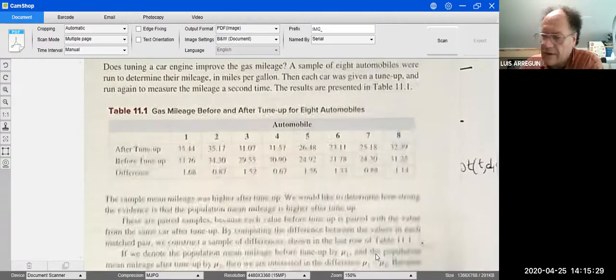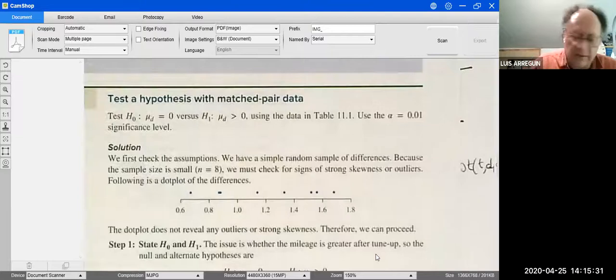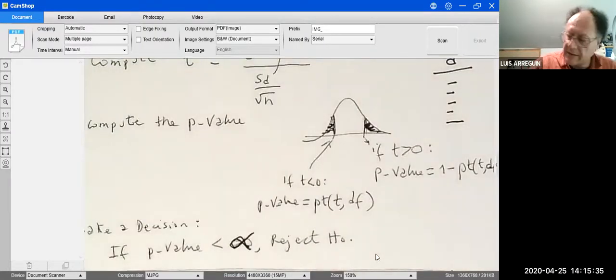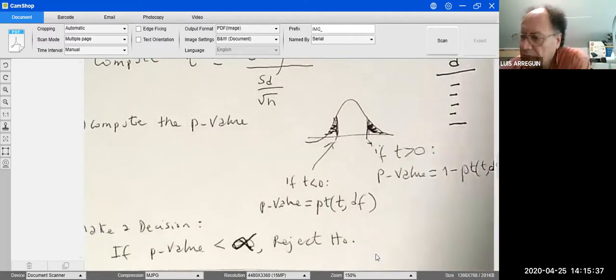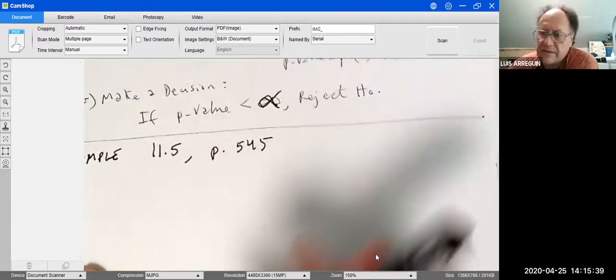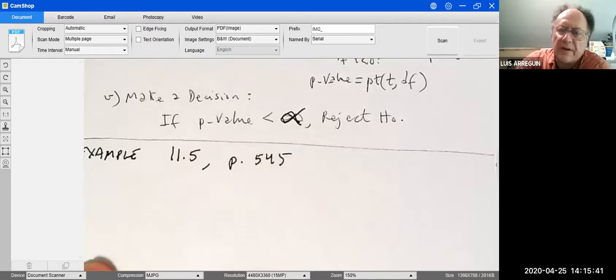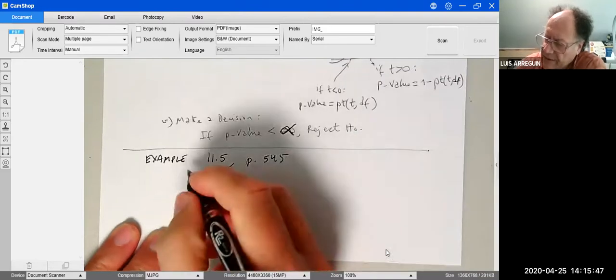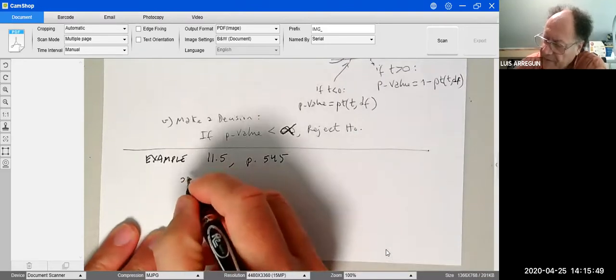So the way that we're going to do it, if you are using R, then you need to enter your data sets. Let's say that you don't have the differences yet, so then you're going to create a first variable.